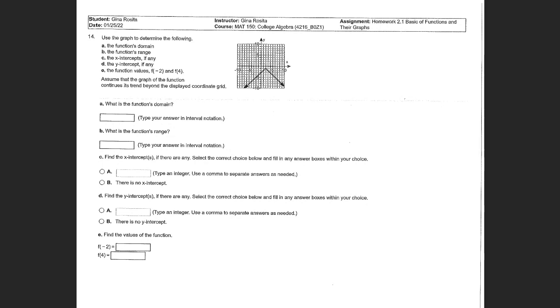Okay, so now look at the graph. Remember, what is the function's domain? Remember, always look at the x-axis from left to right. Is it from negative infinity to infinity? Because there are arrows, no boundary, so the answer is from negative infinity to infinity.